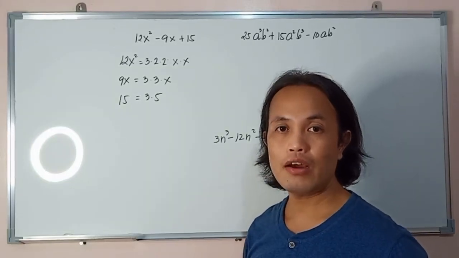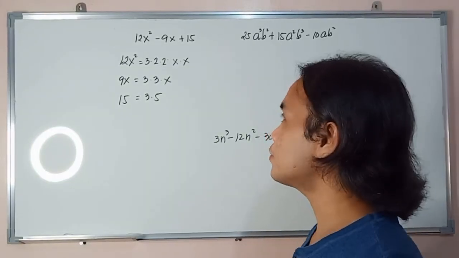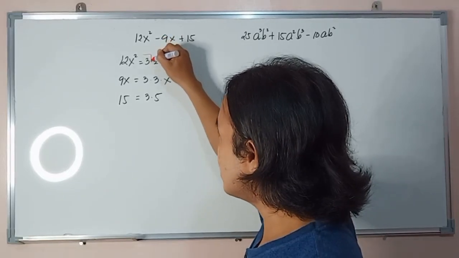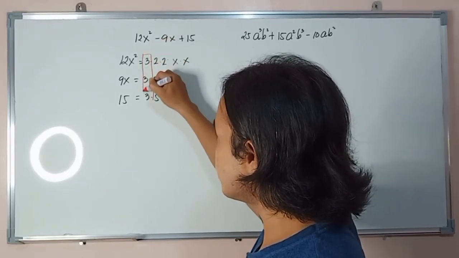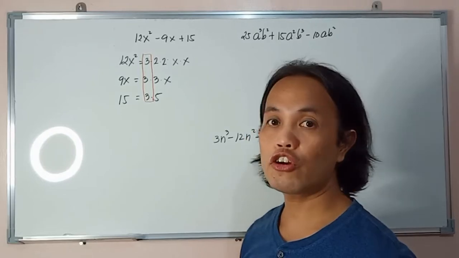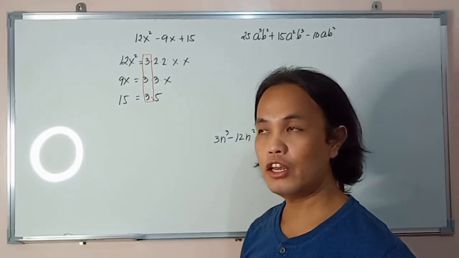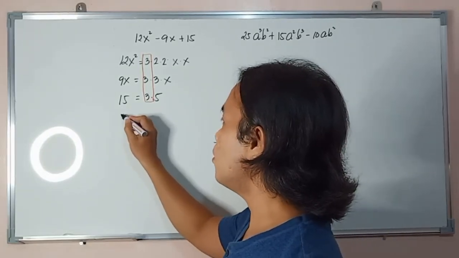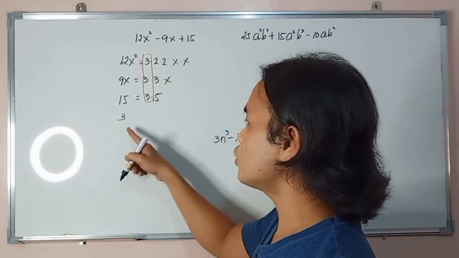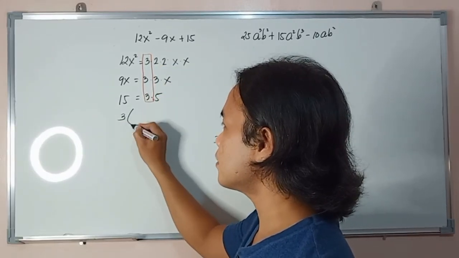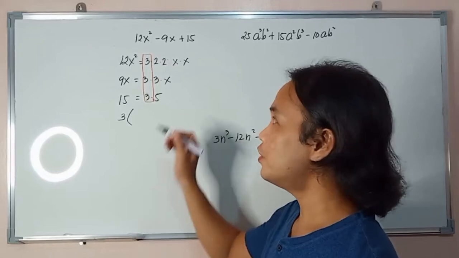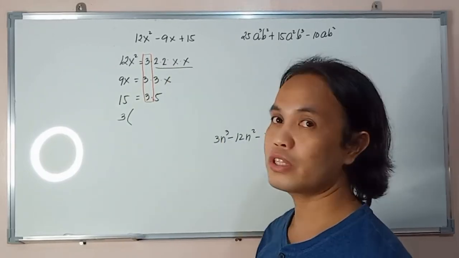So we identify now the GCF, or the greatest common factor. So we have here 3 common to each of the terms and no other common factor except 3. So therefore, our common monomial factor for this trinomial shall be 3. So we write 3 times. The remaining factor for the first term, we have 2 times 2 times x times x.